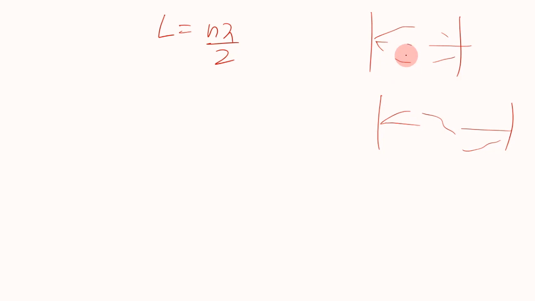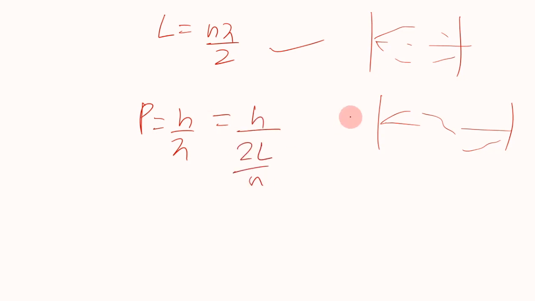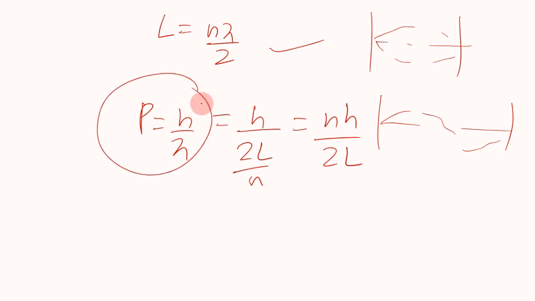So for n is equal to 1, L is equal to lambda by 2. For n is equal to 2, L is equal to lambda. So this is the general expression. Using the de Broglie expression, you write it as h by 2L by n. So this will become p equal to nh by 2L. These are still valid, in the relativistic case also.